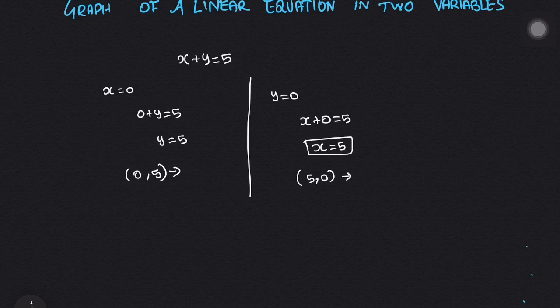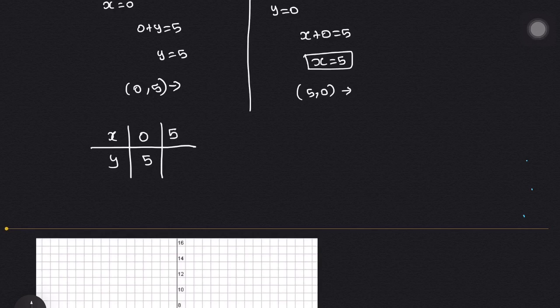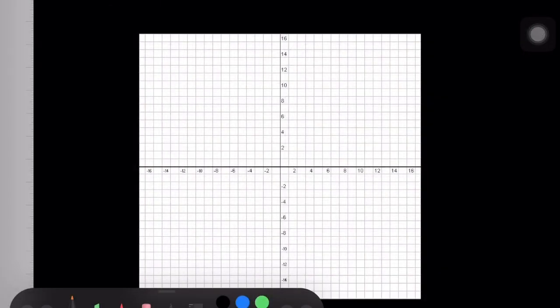We need to draw a graph using this. x is equal to 0 means y is equal to 5, and y is equal to 0 means x is equal to 5. Now take two points. The first one, if x is equal to 0 and y is equal to 5, so this position.